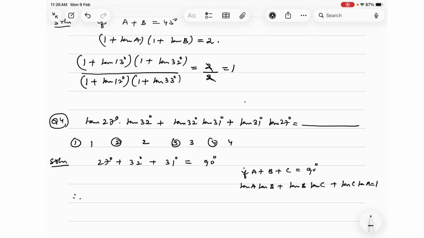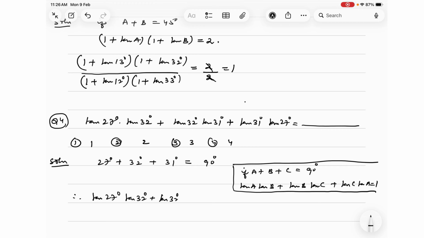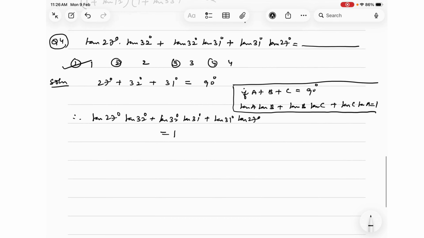Therefore, according to that result, tan 27 degrees into tan 32 degrees plus tan 32 degrees into tan 31 degrees plus tan 31 degrees into tan 27 degrees is always equal to 1. Therefore, the answer is the first option. Very good question.